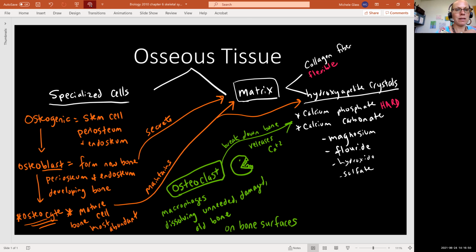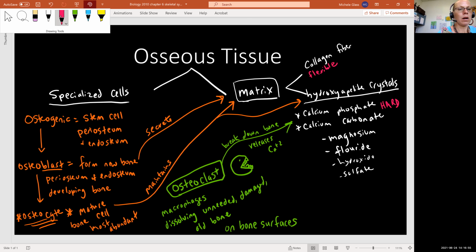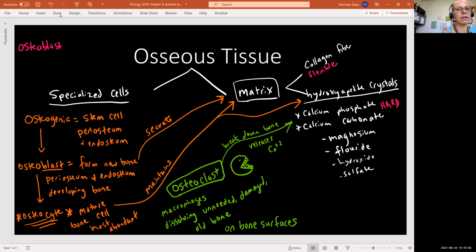Typically we see osteoblast activity equal to osteoclast activity. So even though we have a regular dissolving and breaking down of unneeded, damaged, or old bone, we also have this activity of constantly making new matrix.